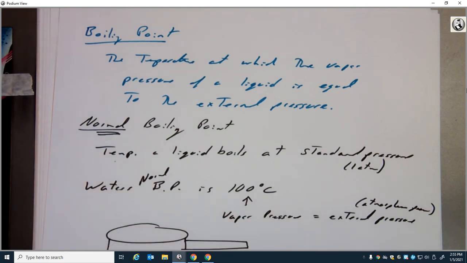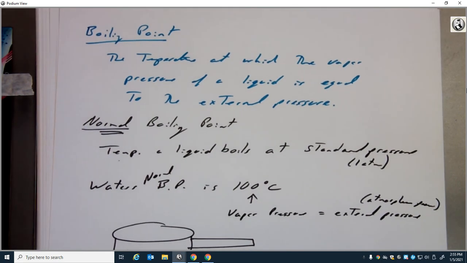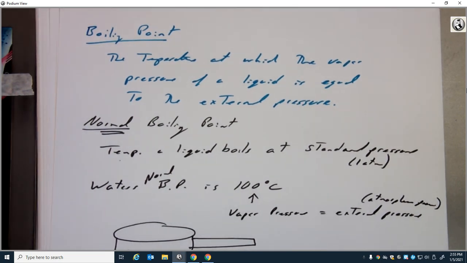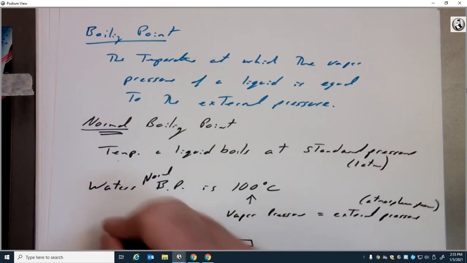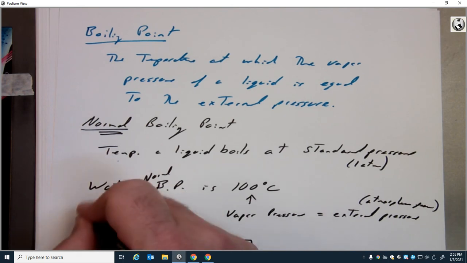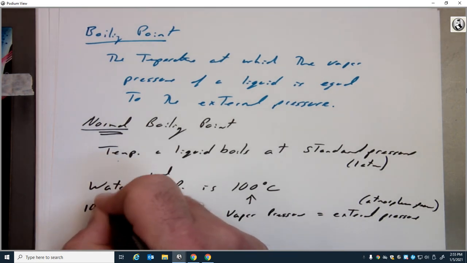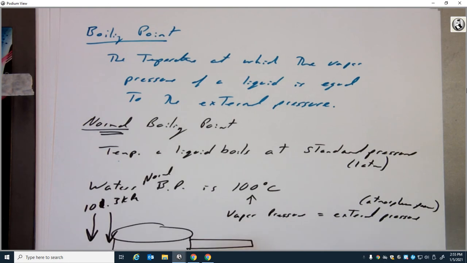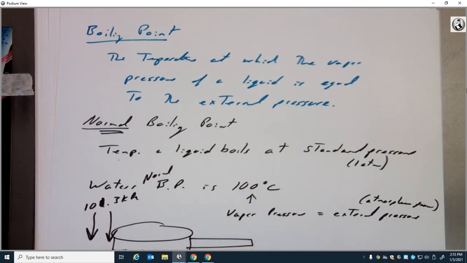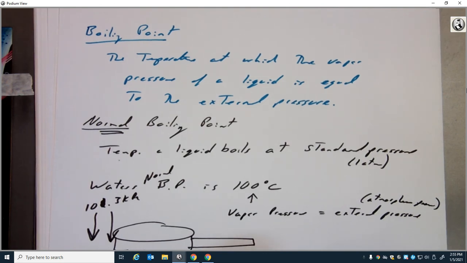Well, our external pressure is 1 atmosphere, or 101.3 kPa. So the pressure pushing down on this is 101.3 kPa. The vapor pressure, or the pressure pushing up, is only about 13 kPa. This will not boil. So what do we do? Well, we raise the temperature of this water.